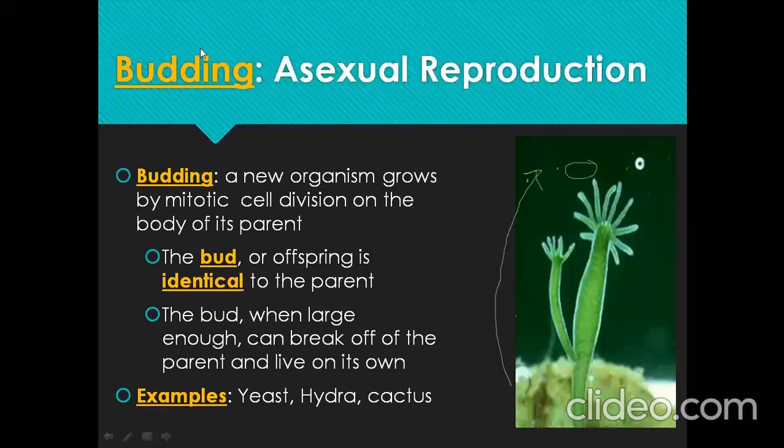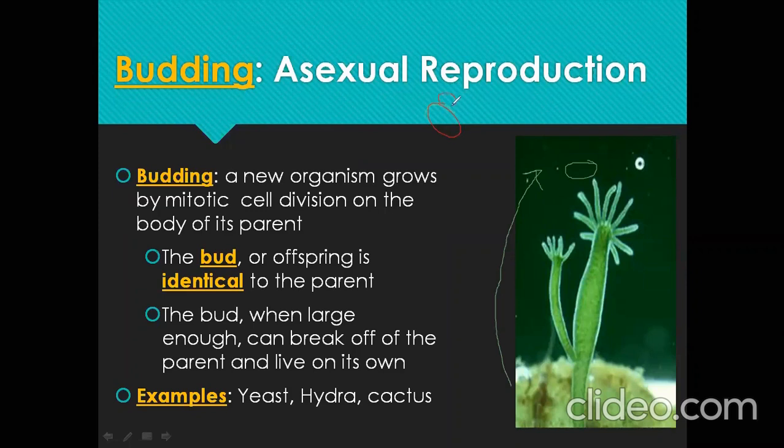Now, another example of asexual reproduction is budding, right? A very easy example I will tell you first about budding. It happens in yeast. For example, let's suppose this is a yeast. Yeast is a fungus. From this yeast, a small outgrowth will develop.